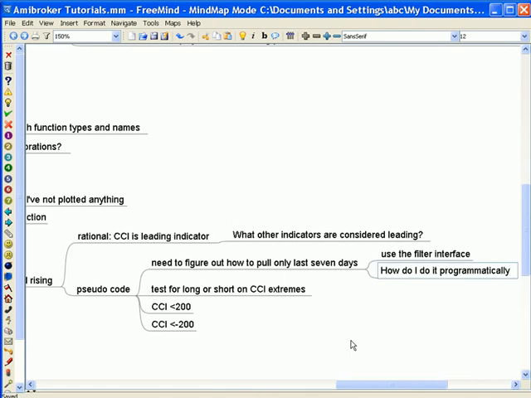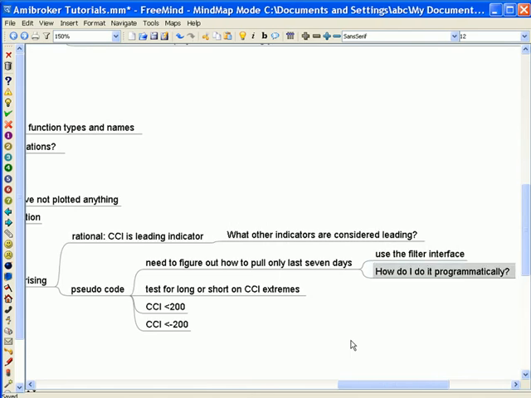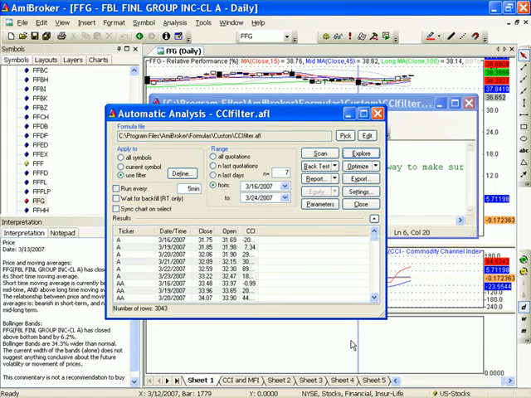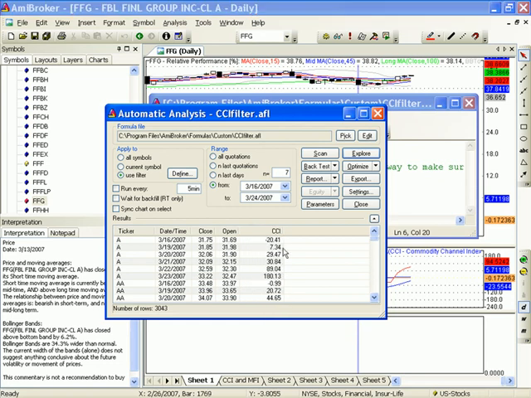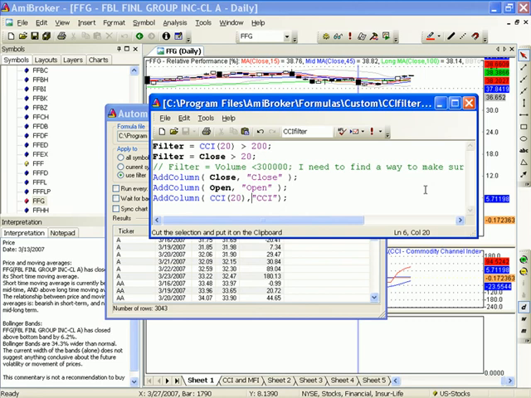Okay, F2, end, question mark, enter, Control S. And so there it is. I can tell right now that it's pulling all stocks with a filter of over 200, of over $20.